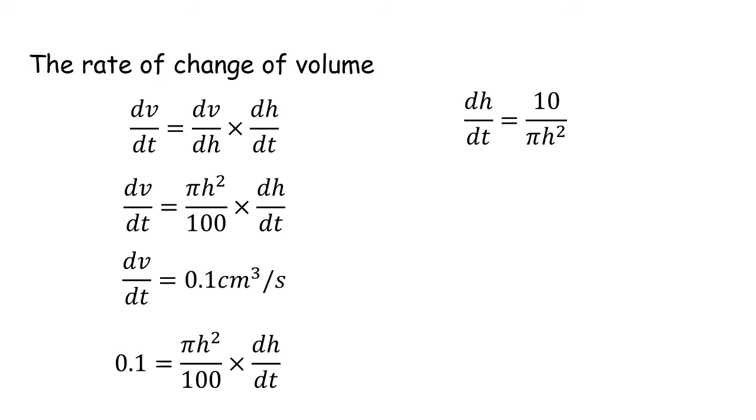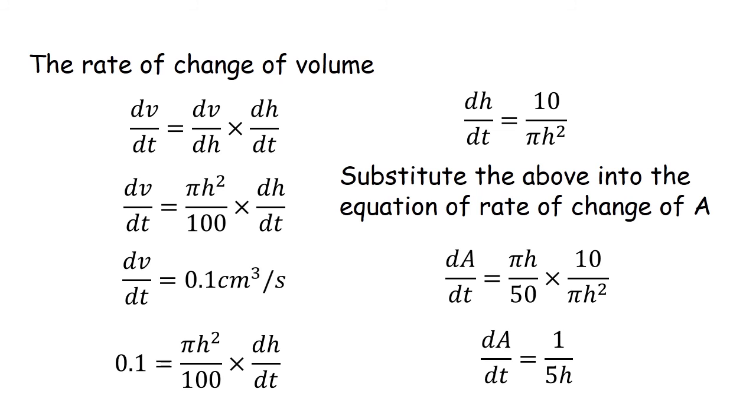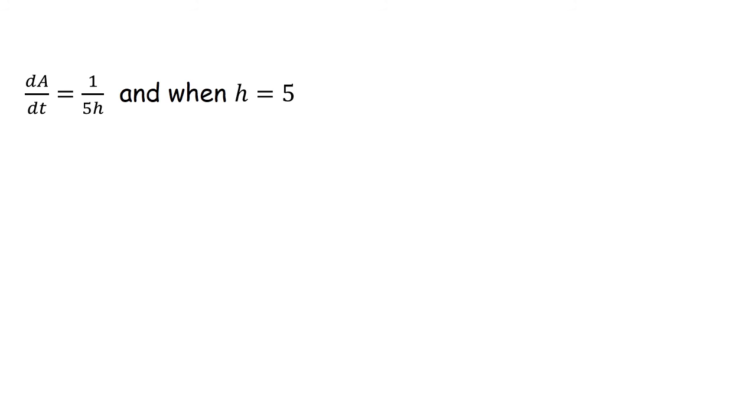Then dhdt was able to give us that. So we substitute in the other formula for the ADT. Then we are able to get 1 over 5 when h is 5, the height.